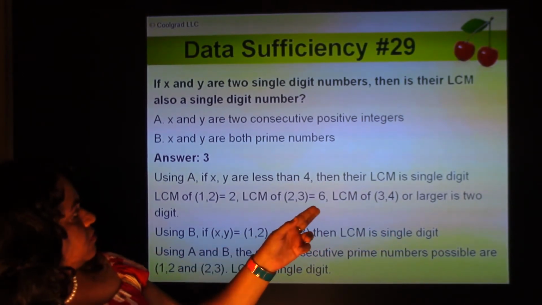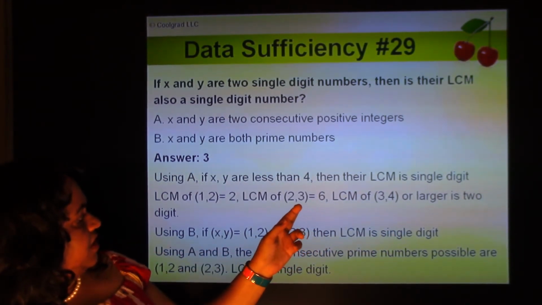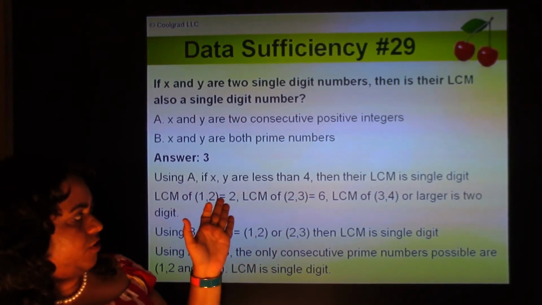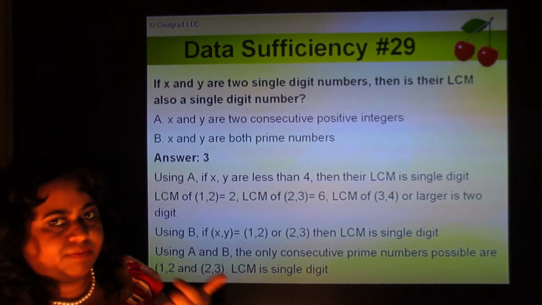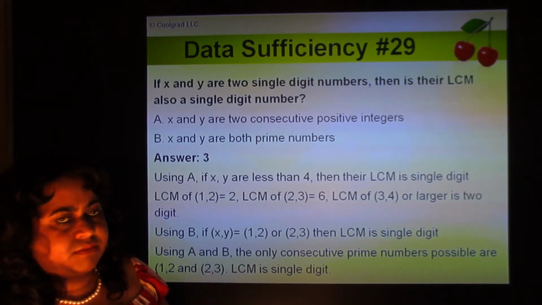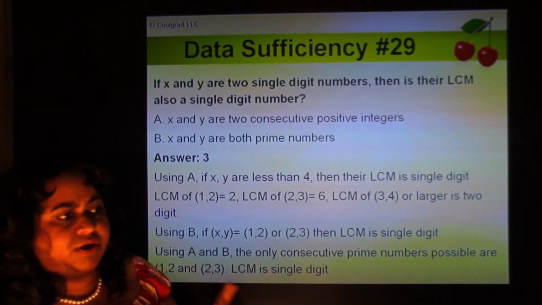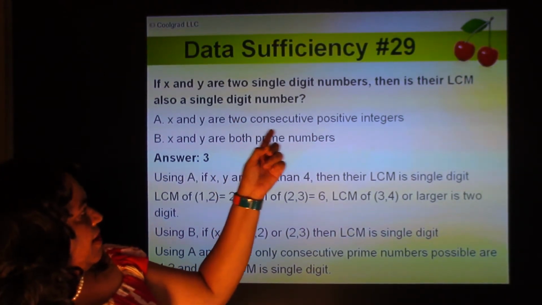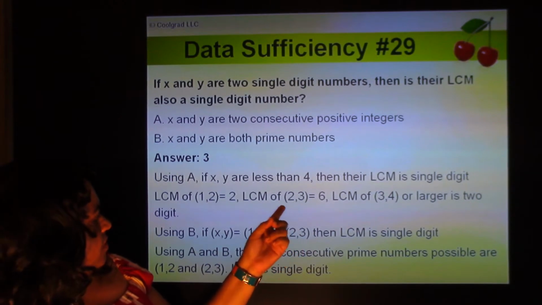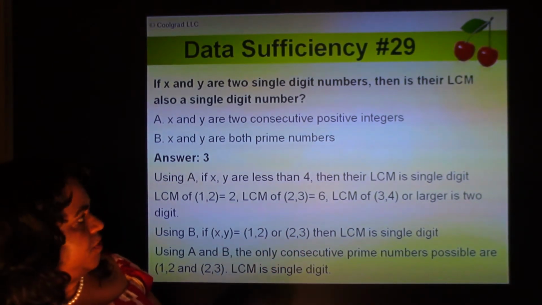So if x and y are less than 4, both of them have to be less than 4. So they are positive integers. So they can only be 1, 2 or 3, right? If x and y are either 1, 2 or 3, then we have LCM as a single digit number. Otherwise it's a 2-digit number.